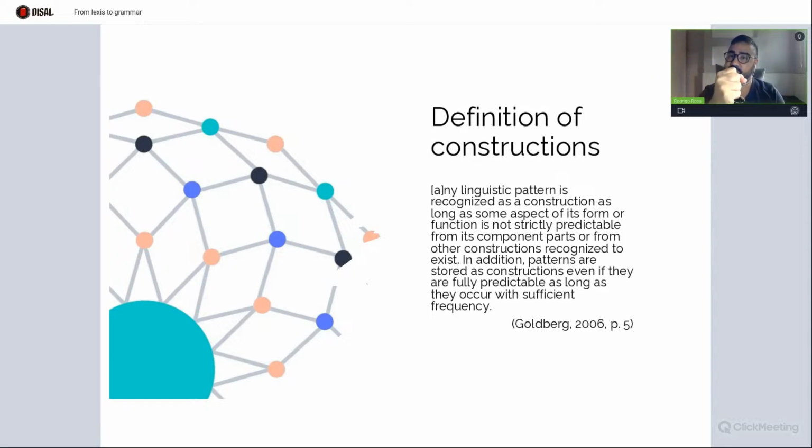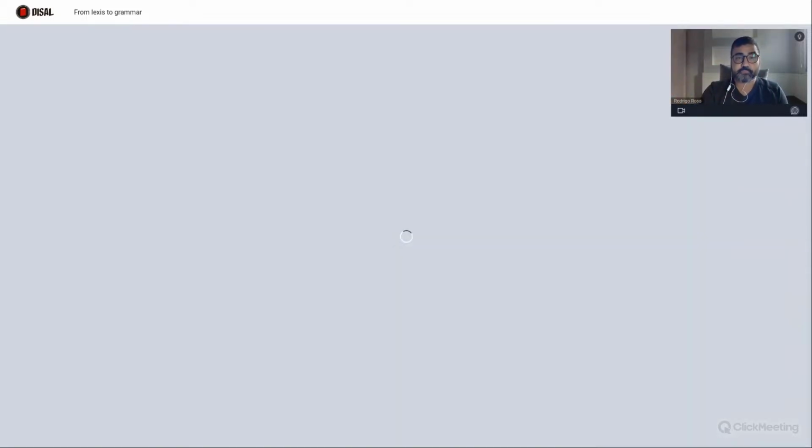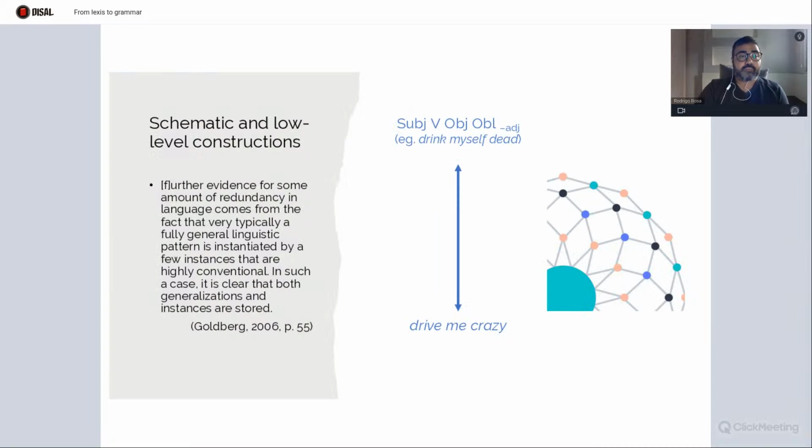Schematic, not physical, tangible. Words are physical, they're tangible, we can record them, right? Grammar is something a little bit more abstract. We can't actually exemplify grammatical operations without resorting to words. That's my point, right? So whenever I talk about schematic constructions, I'm making reference to very abstract grammatical stuff.